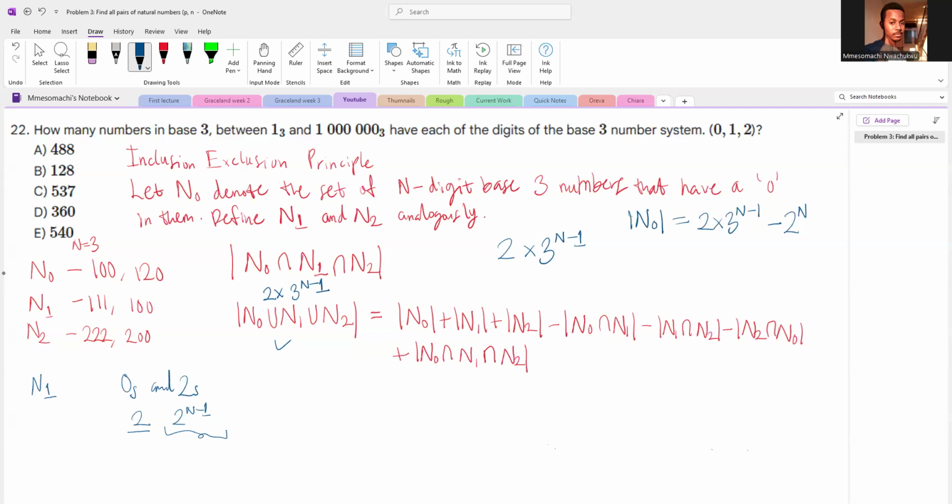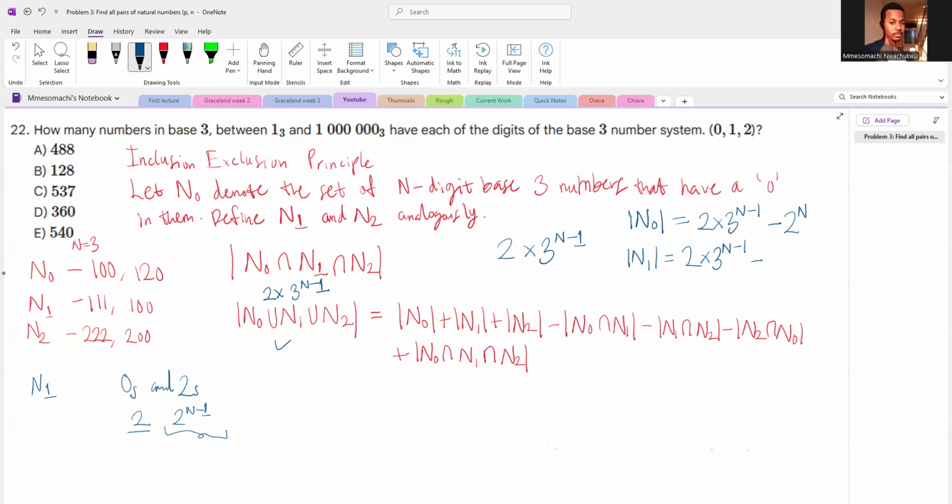So when we subtract this from the total, n1 is 2 times 3 to the power of n minus 1, and we subtract the set of digits that don't contain a 1.